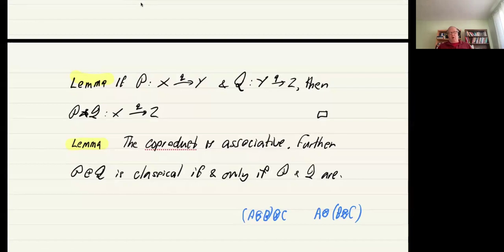All you do is you look up something in Mac Lane somewhere and then quote it and throw a citation at it. So you treat these as being equal. Technically, they're isomorphic. But tensors are complicated enough. So if you take these as being equal, then the associativity is easy. And the co-product is classical if and only if the inputs are.